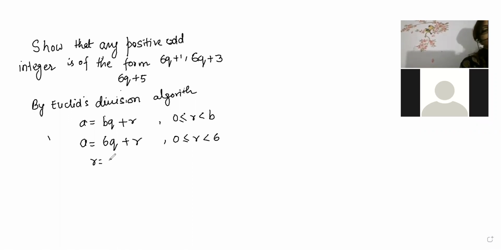That means R must be equal to 0, 1, 2, 3, 4, 5; 6 will not be there.